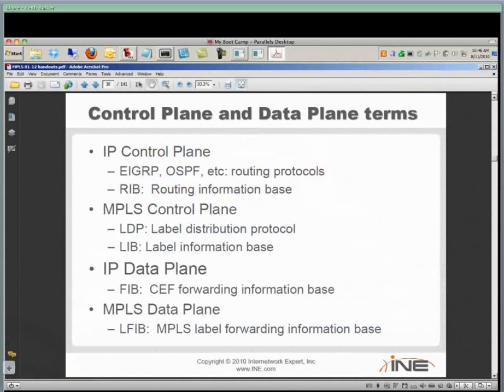LDP is how we share labels with our neighbors. We have a whole module coming up on that. The label information base, as I mentioned, is all the labels involved. The actual FIB is the forwarding plane for CEF, and if you must know, CEF also includes the label information.